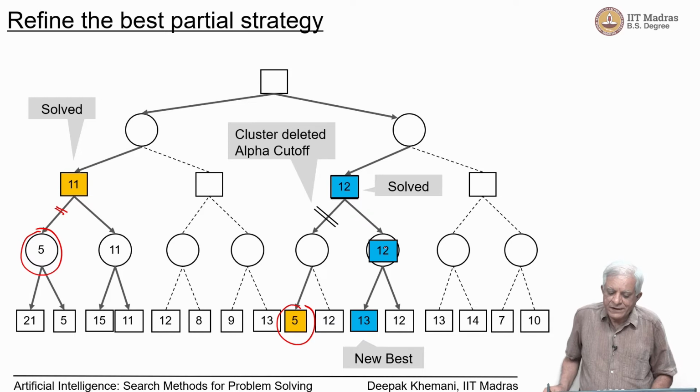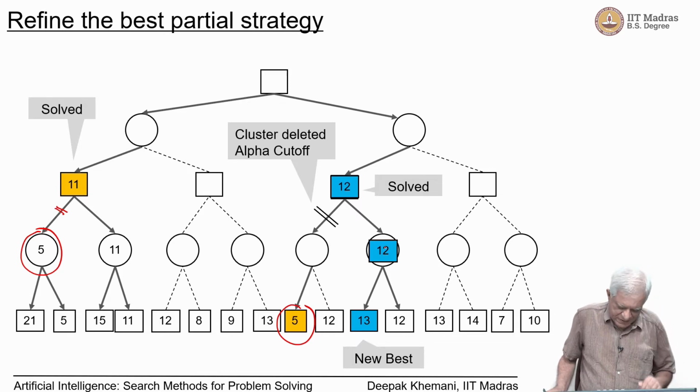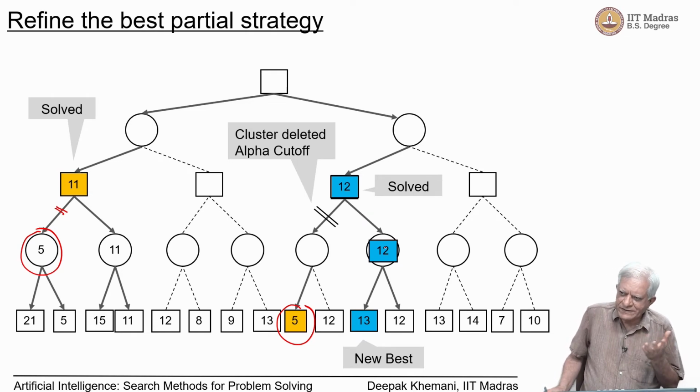Now, what happens? We are left with two contending strategies, one on the left which has a value of 11, and the other on the right which has a value of 12. It is a max node and it is a solved node because we know its exact value, but we do not know which of these strategies is still a better strategy, because there is a min node sitting on top of both these max nodes, and min will look for a lower value.